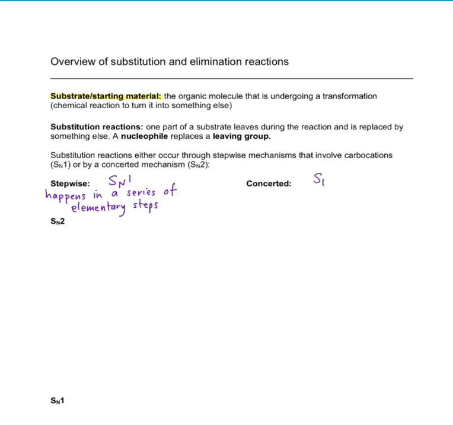By contrast, a concerted version of a substitution reaction is referred to as SN2. So that's its mechanistic label. And this happens all at once, meaning that the reaction mechanism has only one elementary step.